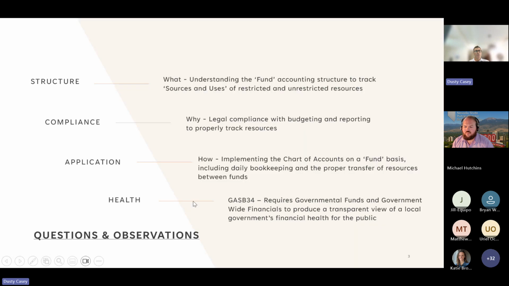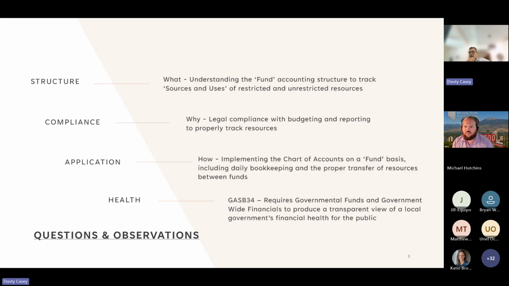Okay, so let's jump in. We're going to talk about various things: the structure, compliance, the application, and really the overall financial health, why these pieces fit together. So when we're talking about the structure, the what, it's understanding the fund accounting structure to track sources and uses of public resources.